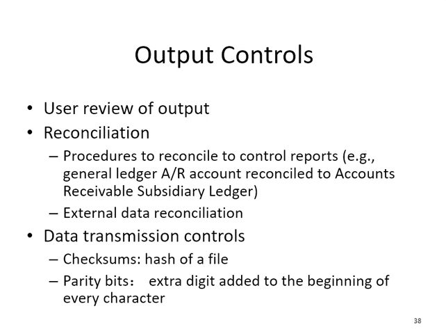We also have the reconciliation procedures. These are the procedures we use to reconcile to control reports. For example, the general ledger accounts receivable account is reconciled to accounts receivable subsidiary ledgers.